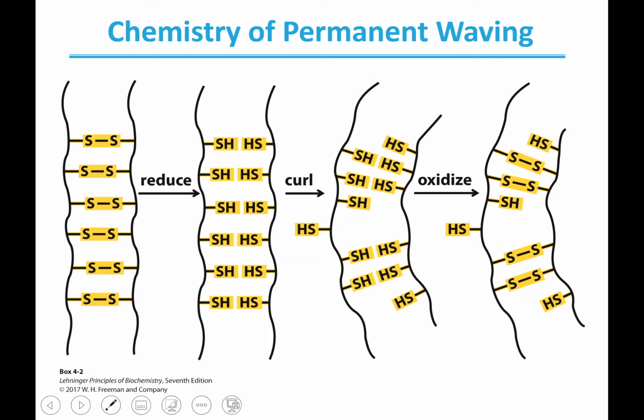When you reduce that, you're adding hydrogen. If we think back to general chemistry, reducing something means you're adding electrons, oxidizing means you're taking them away. In organic molecules, the adding of an electron around a bond typically manifests itself by the addition of a hydrogen as well.